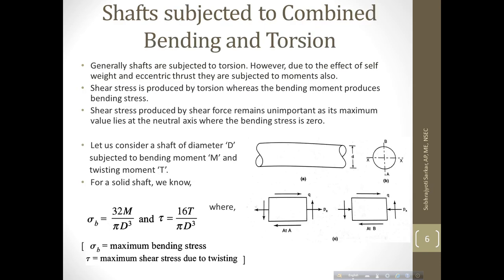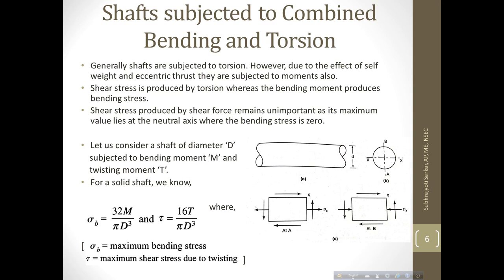Now up to the previous slide we have studied that the shafts were subjected to only torsional force, the case of pure torsion, that is there were no effects of bending present in the shafts.